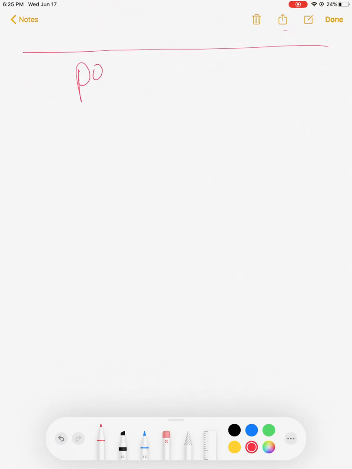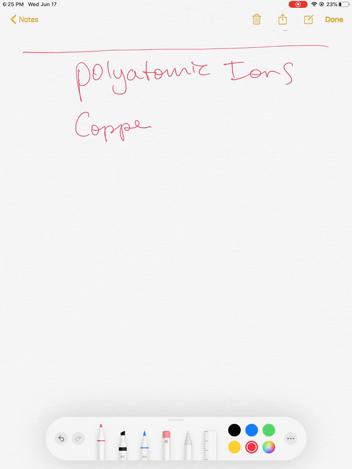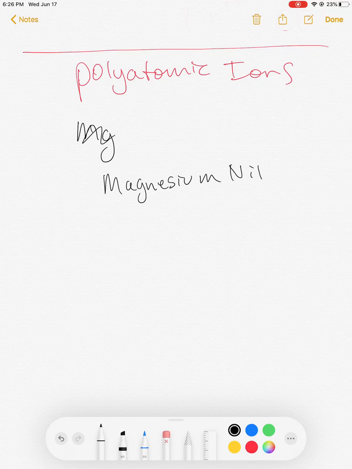One other thing, we did not talk about polyatomic ions. But they work just like any other ion. So for instance, let's do magnesium nitrate. We want to write the formula.